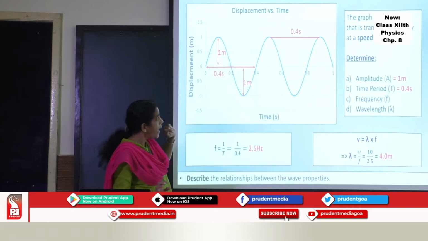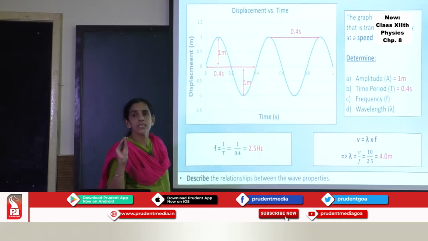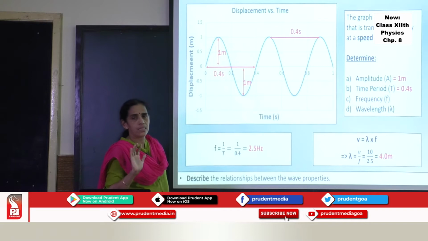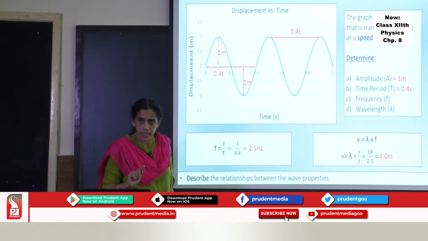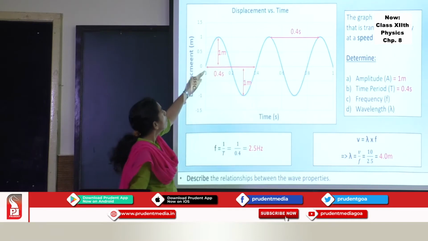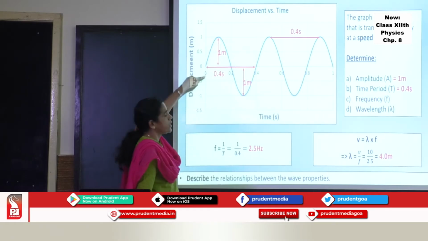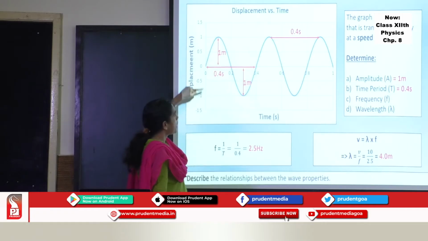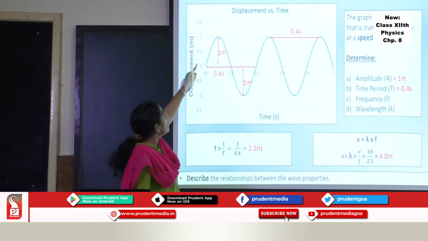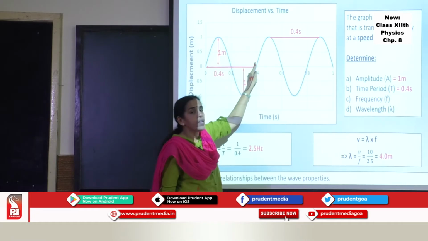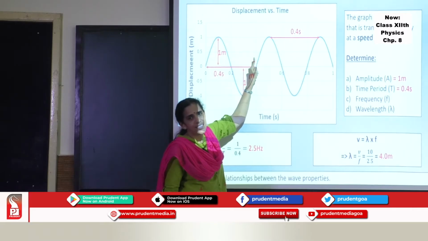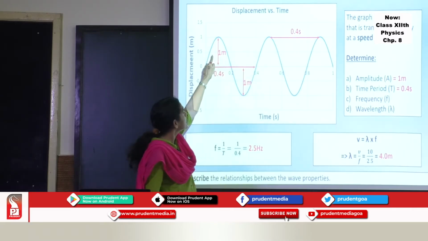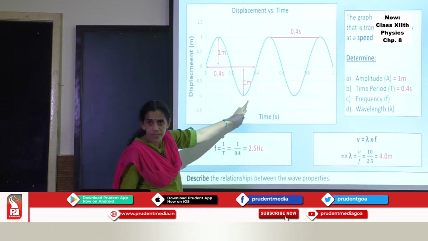And what is the time period? It is the time taken to complete one full oscillation. When the particle completes one full oscillation, one full wave is produced. And this is the crest, this is the trough.